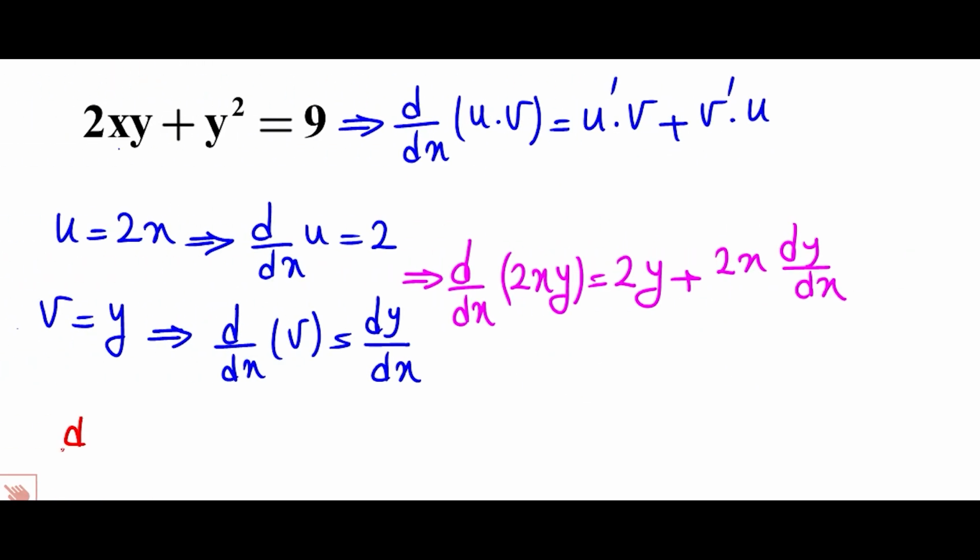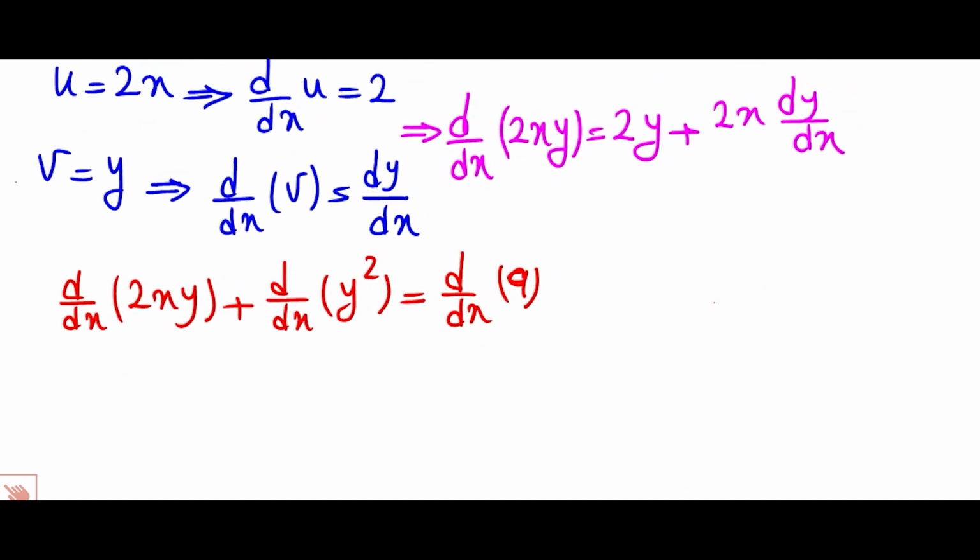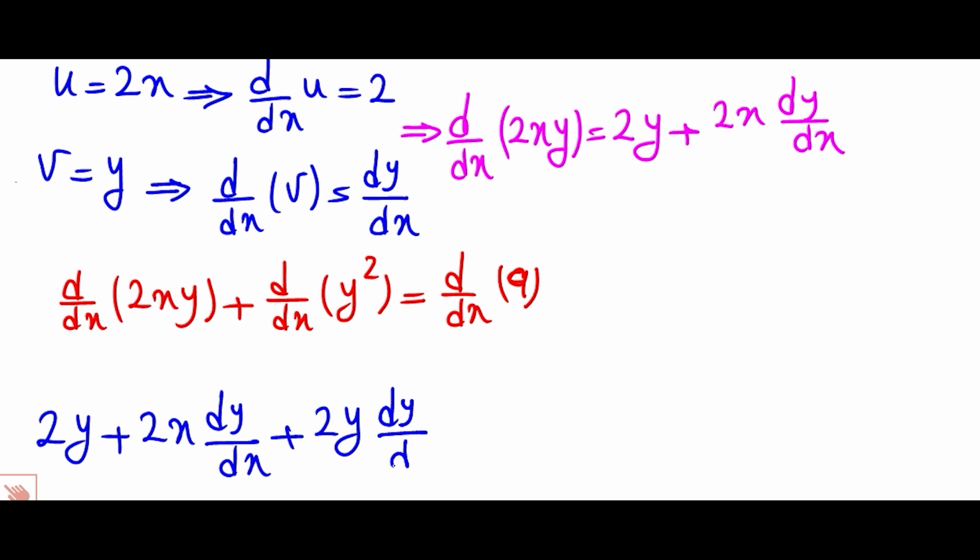So the derivative of 2xy is 2y plus 2x dy/dx, plus the derivative of y squared, which is 2y dy/dx: first take the derivative of the inside and then multiply by dy/dx, equals the derivative of any constant, which is 0.